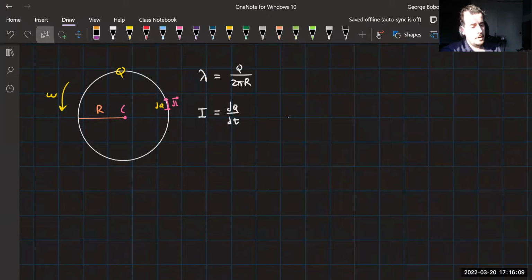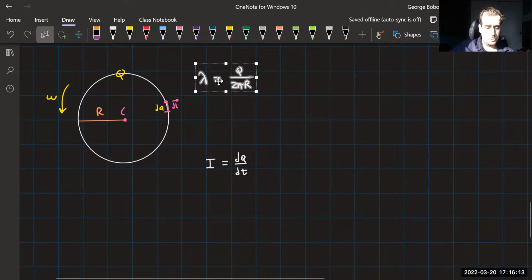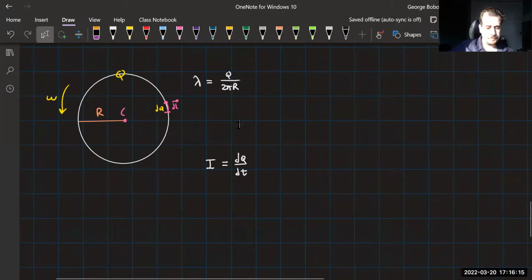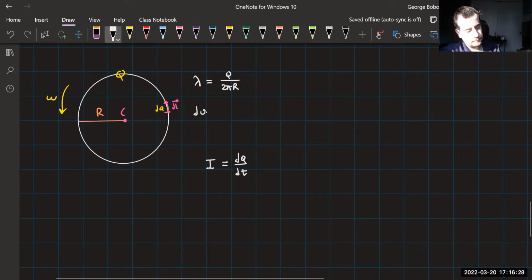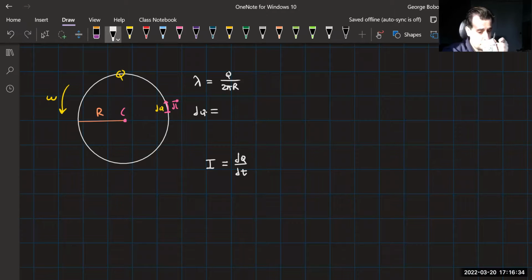Okay, but Kelly again, because I know Kelly knows how to do this pretty well. Kelly, how would you describe dq right now in terms of lambda and dl? Just like you did for electric field when we were doing that chapter.